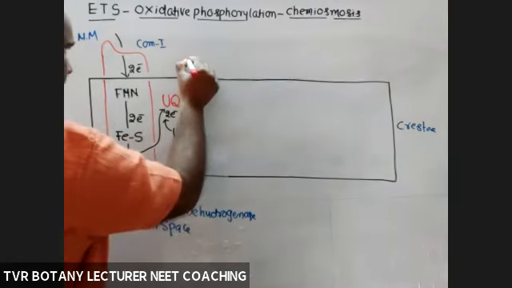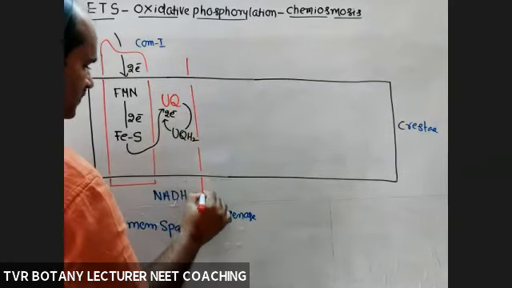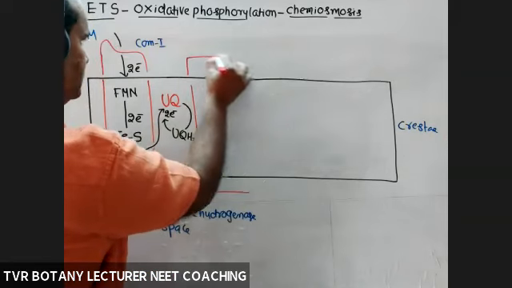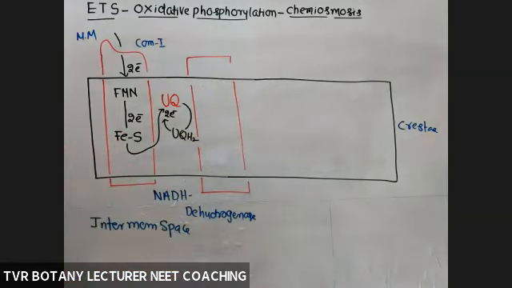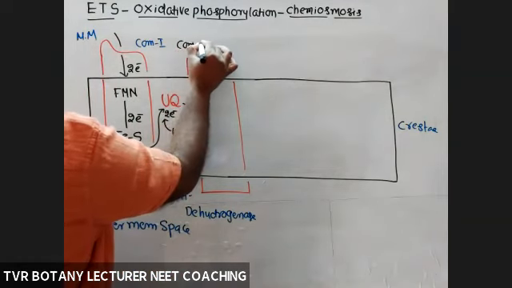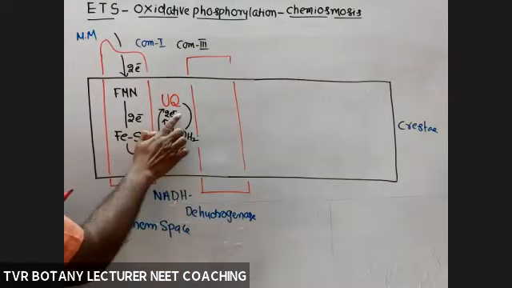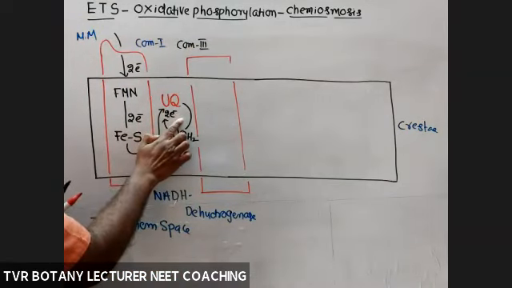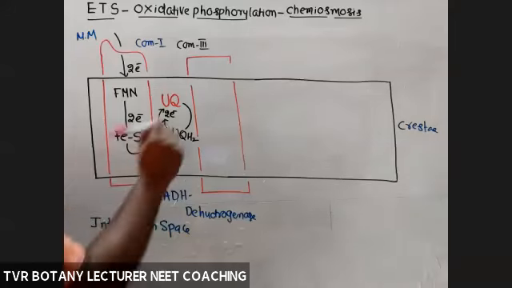What is that complex? Next complex. The third complex is the cytochrome complex. Okay, so complex 3. So what is the role of ubiquinone? Transfer of electrons from complex 1 to complex 3. Okay, so what are the components here?